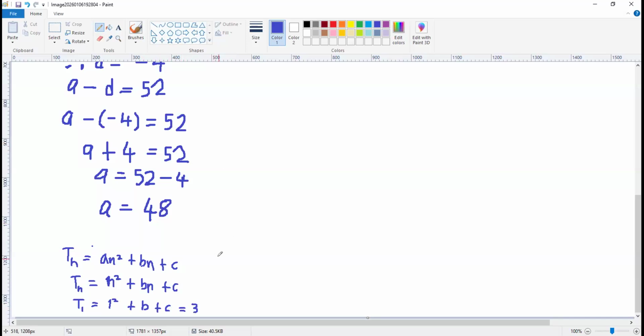So I think from this we can conclude that, if we take 1 to the other side, B plus C will be equal to 3 minus 1, which is 2. Do you agree with that? Yes. Okay. So this is equation 1.